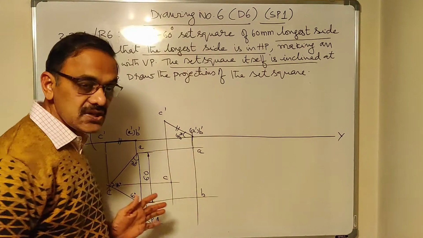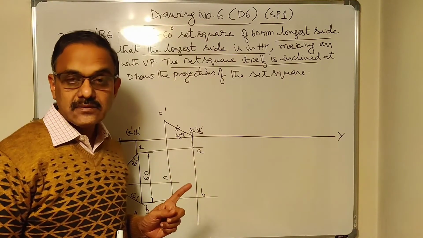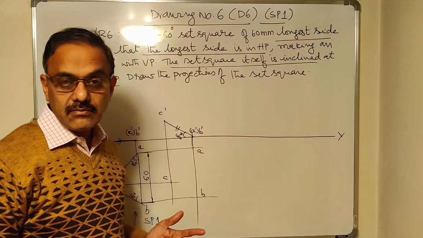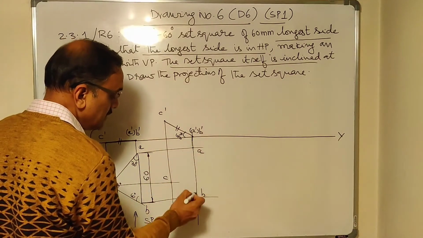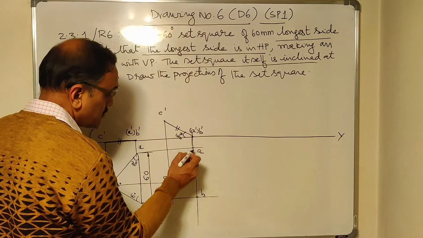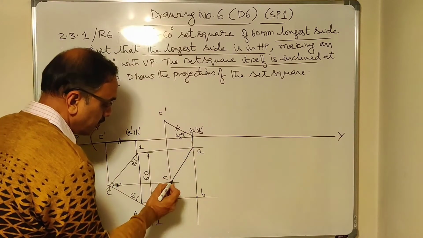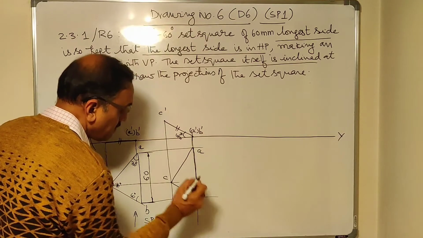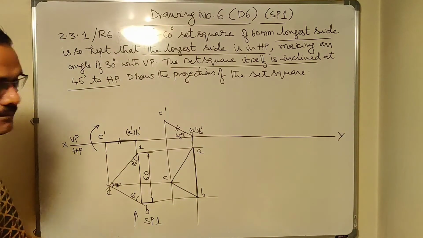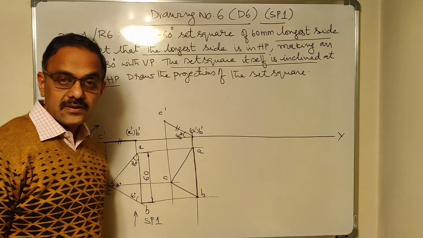When you are using your sketchbook, draw them as light lines, using less pressure. Now if you connect these 3 points, A, B, C, you get the top view in the second step. This is how the top view appears in the second step.